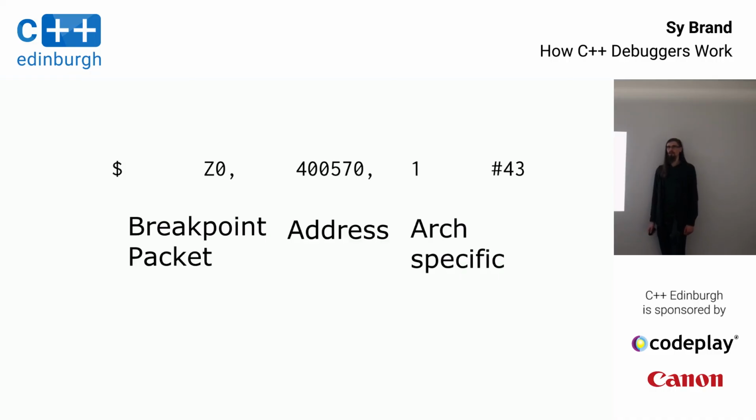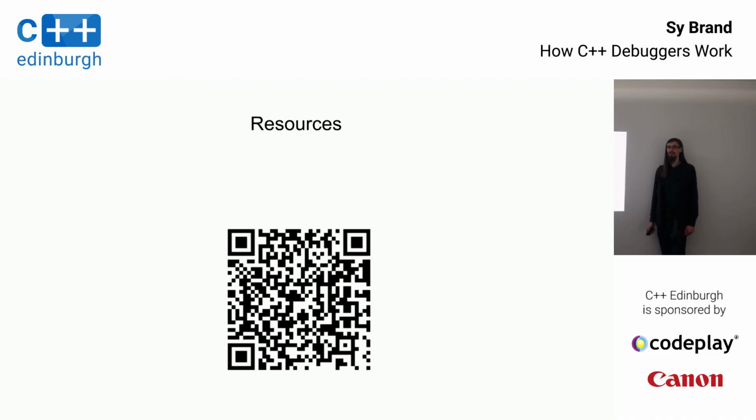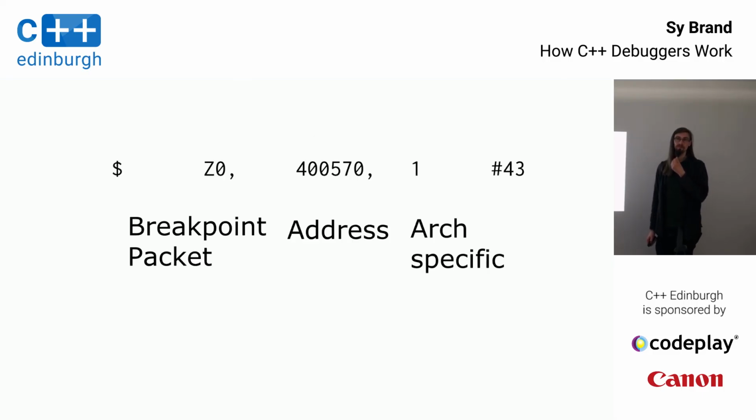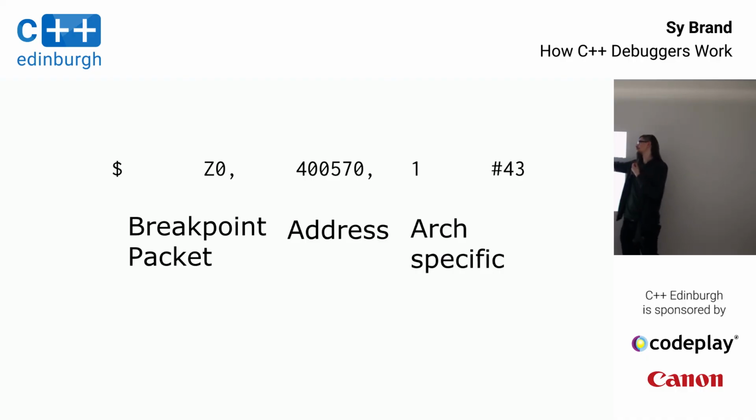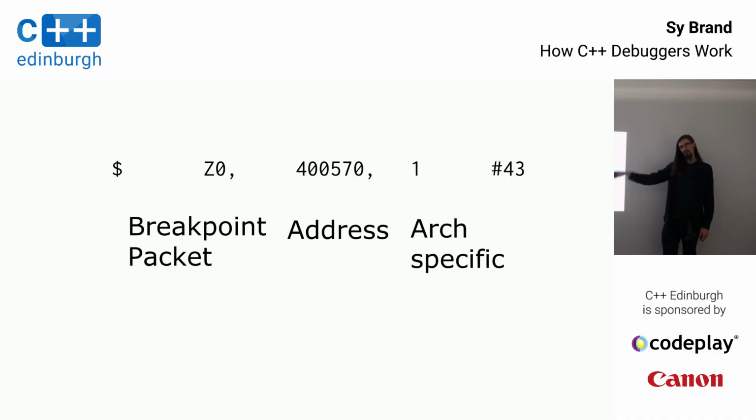Any more questions? Yes? And the address that's sent in that, will that be corresponding to something on the target machine? Yes. So this address is corresponding to the target machine. The debugger has worked out where this address is living in the target machine, and now it's communicating with the target machine, with the stub, saying, I want you to set a breakpoint at this address in the debugging process.